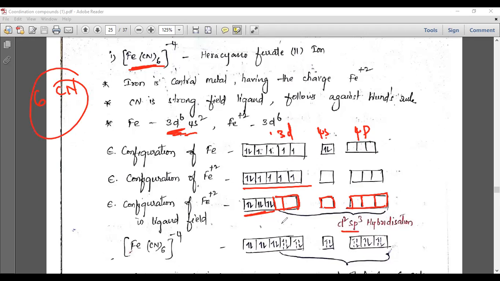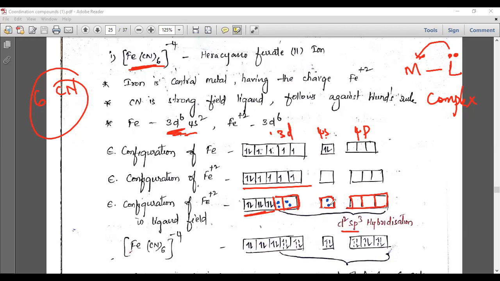Each ligand, as I already told you, will donate its 2 electrons into a vacant d orbital, hence it is called a complex. Here each cyanide ligand will donate its lone pair of electrons to an empty orbital of the metal, like this.